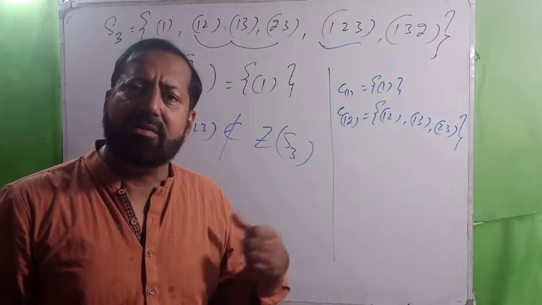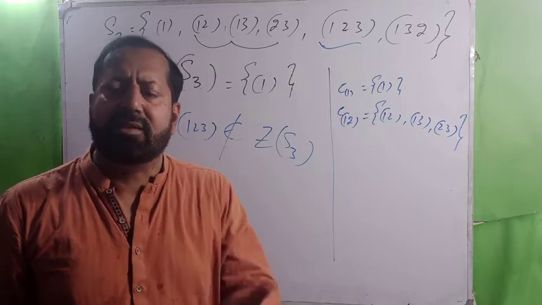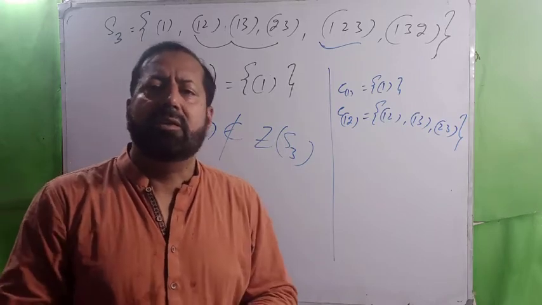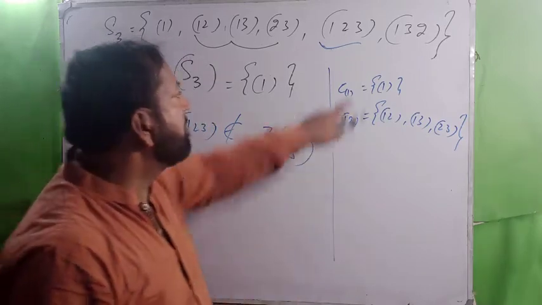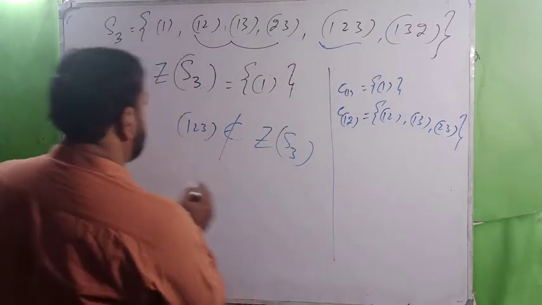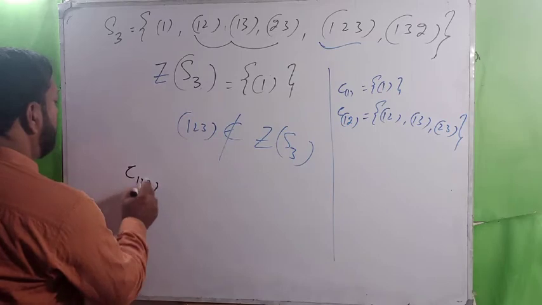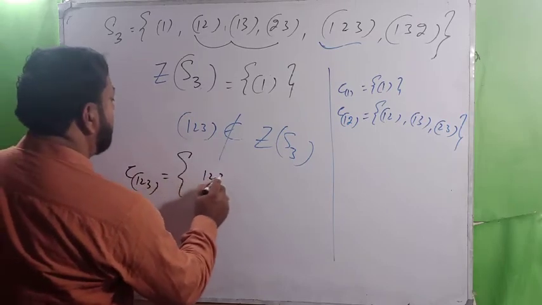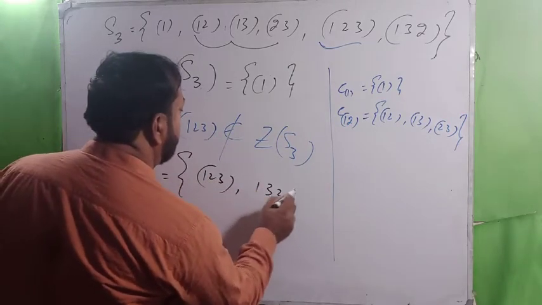Since this is not the central element, it is not self-conjugate, so it must contain another element, which must be this. So the third conjugacy class, C(1 2 3), must be equal to (1 2 3) and (1 3 2).